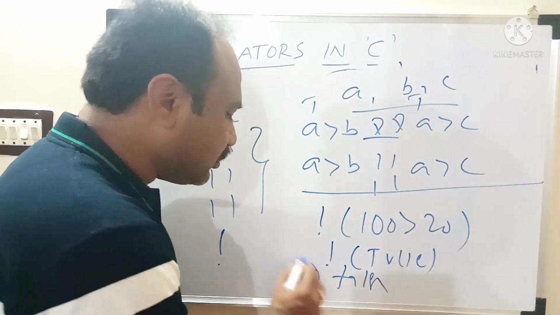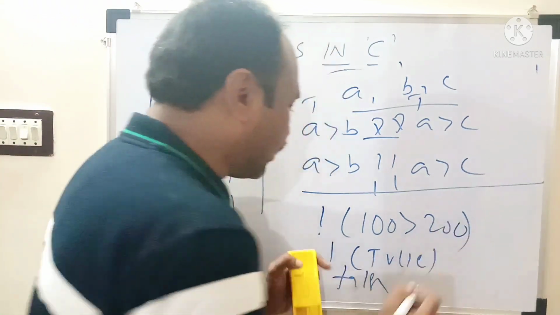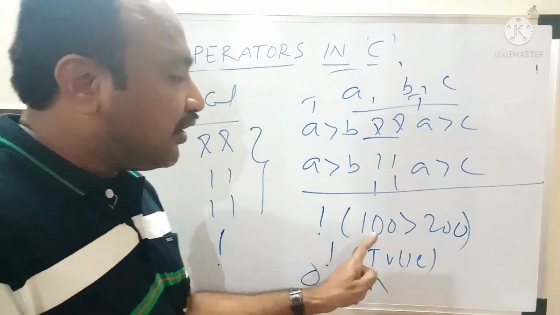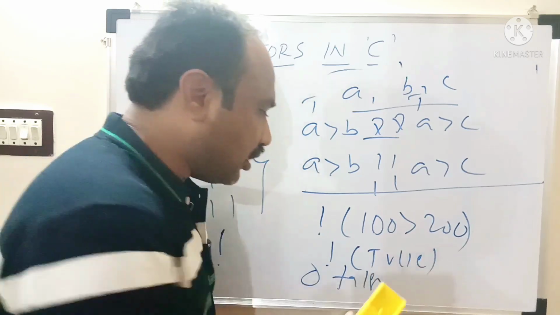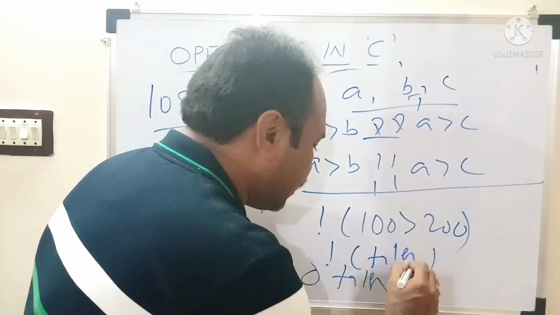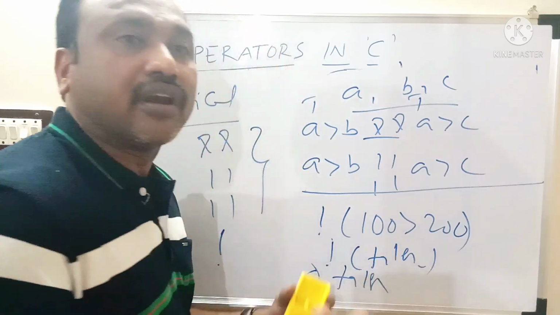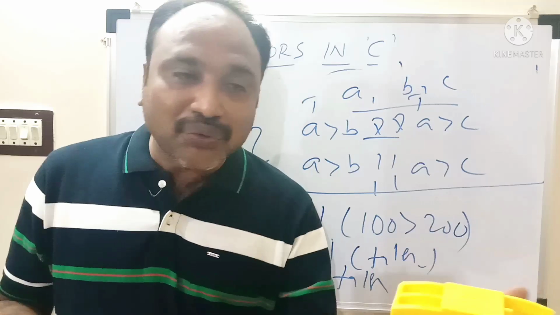You get 0. For example, not of 100 greater than 200. First of all, 100 greater than 200 condition is false. But I am writing the not operator. Not of false. What is the meaning of that? True.